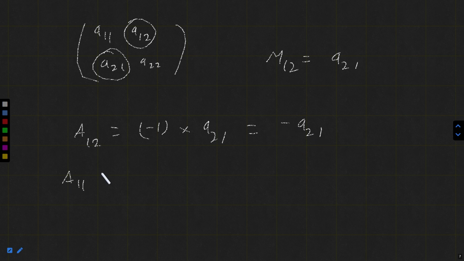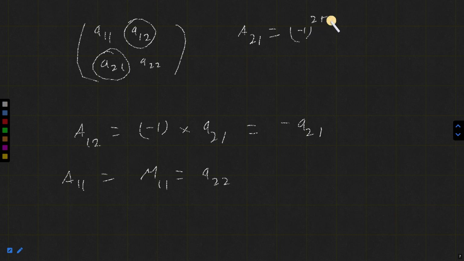What about A11? Minus 1 to the power 2 means 1, and the minor M11 is nothing but A22. Now A21 will be what? Minus 1, as you can see, 2 plus 1 will be 3, so minus 1. And M21 is nothing but A12.